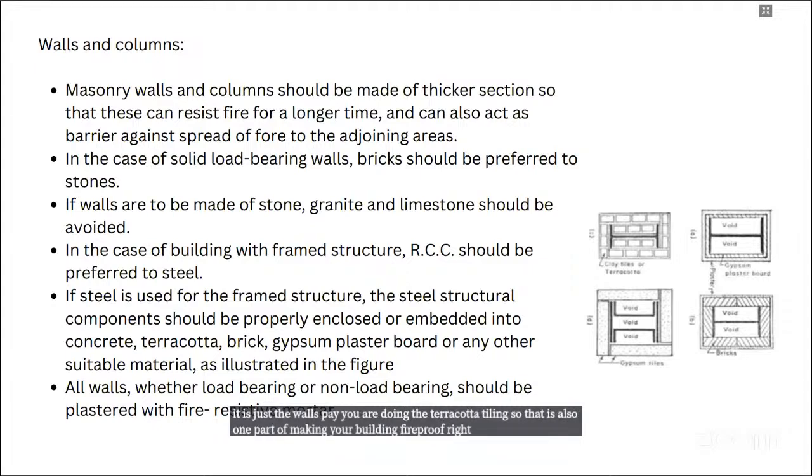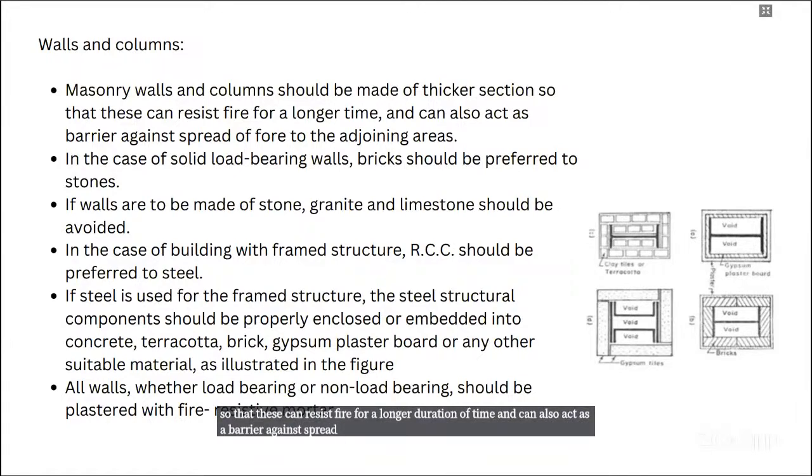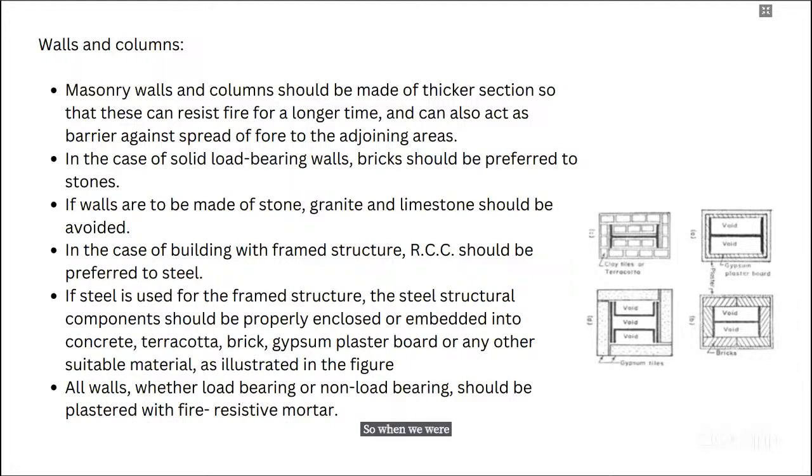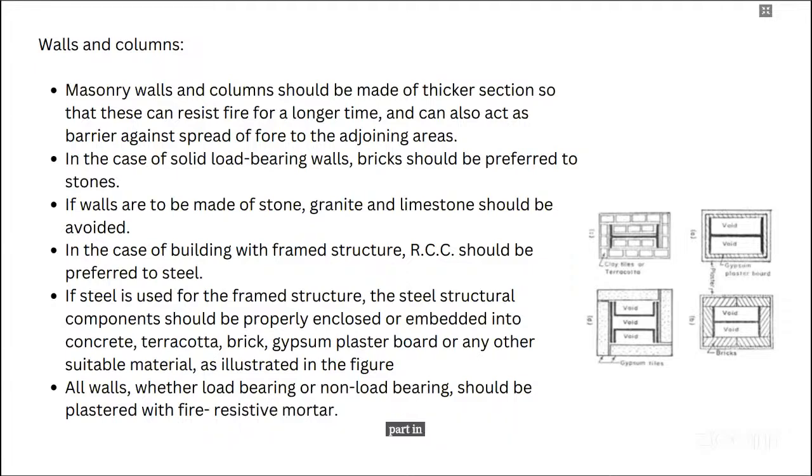Masonry walls and columns should be made of thicker sections so that they can resist fire for a longer duration and can also act as a barrier against the spread of fire to the adjoining areas. As we said in the last slide, the external and internal finishes have to be very much fireproof, so terracotta becomes a very important part of external finishes also.